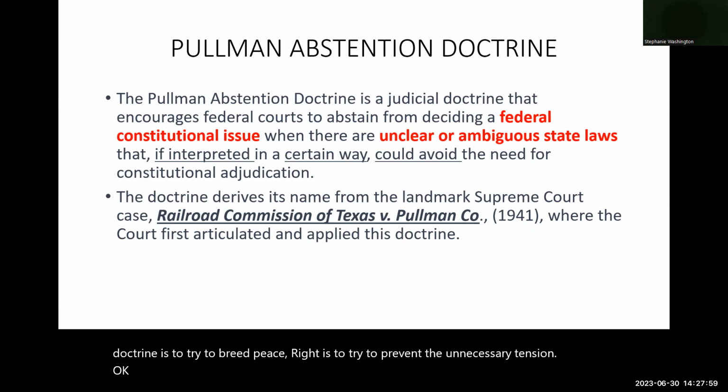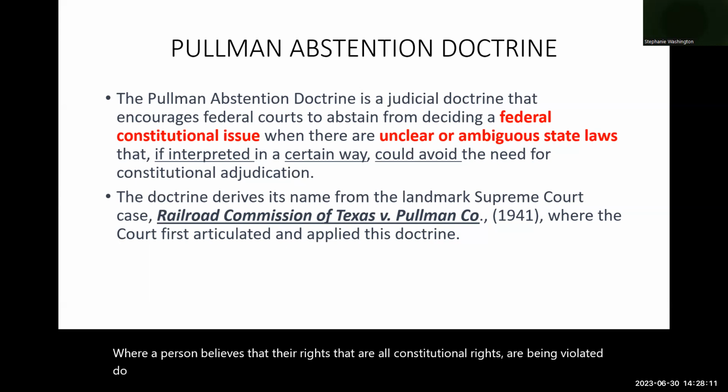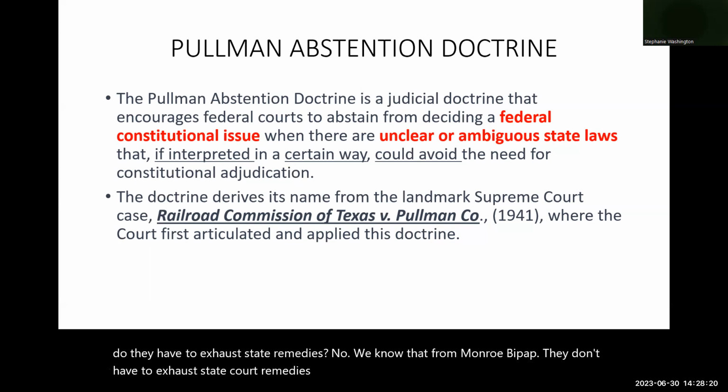If there is a case where a person believes that their federal constitutional rights are being violated, do they have to exhaust state remedies? No. We know that from Monroe v. Pape. They don't have to exhaust state court remedies. They can go straight to federal court.